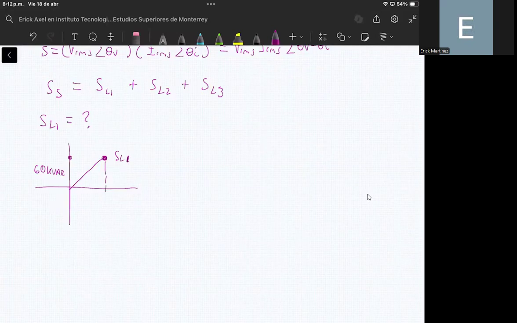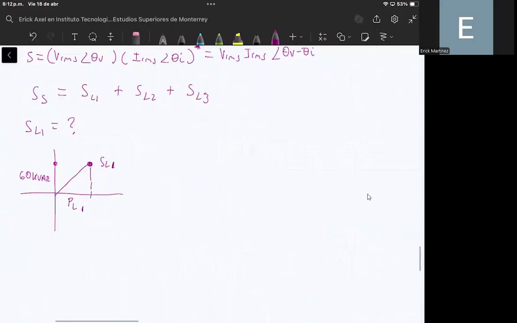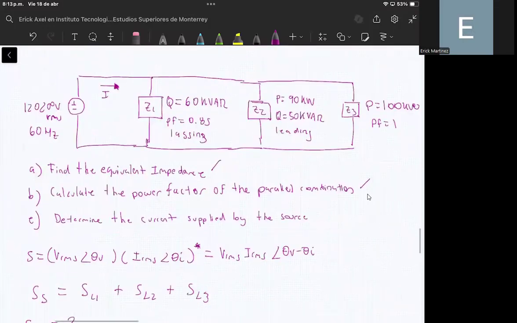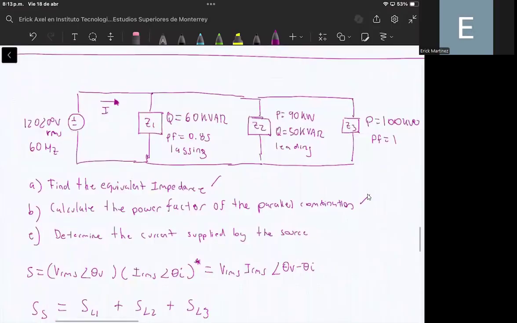But we don't know the real power of load number 1; we know the reactive power. And also we can know the angle of this complex power, because we know that the power factor is 0.85.